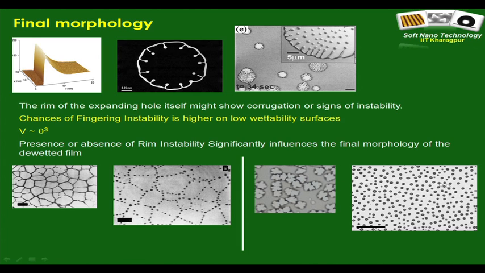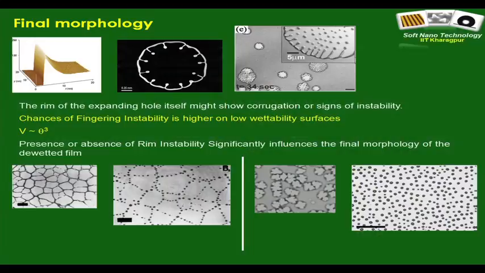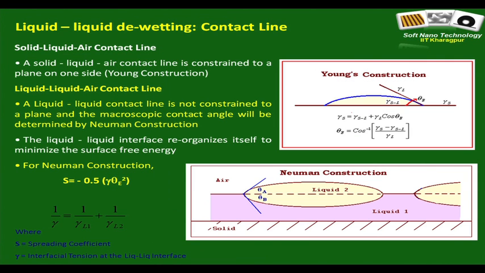Well, it turns out that in this latter case, while retracting, the rims themselves started to show some sort of undulation and were leaving behind secondary droplets as the hole was growing. So, there are lots of issues like this, which I really do not want to get into in this course. Maybe if I offer a second level advanced course on dewetting, I will talk about all these issues. This is again something I will skip.